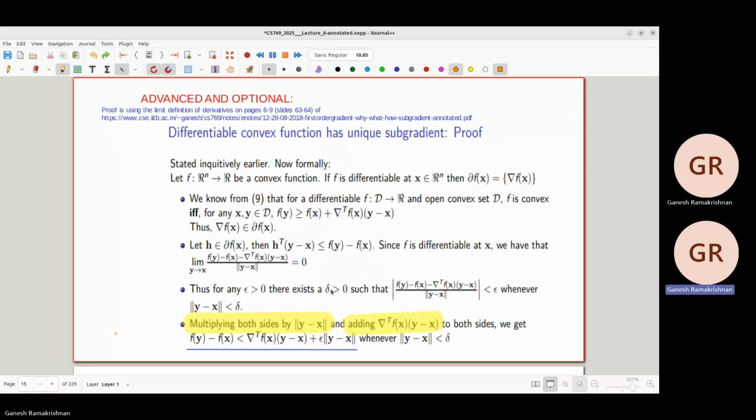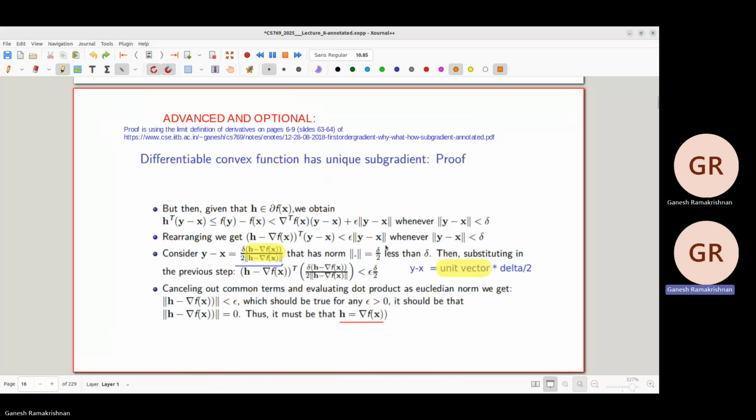So therefore, the gradient is also a subgradient. I mean, the first order property of the gradient also holds. So by virtue of that, f of y minus f of x is greater than or equal to f of x plus the gradient term, by definition of gradient in this case. So we know that the gradient is a subgradient. All we are trying to prove is that the gradient is the only subgradient. Thanks for the question.